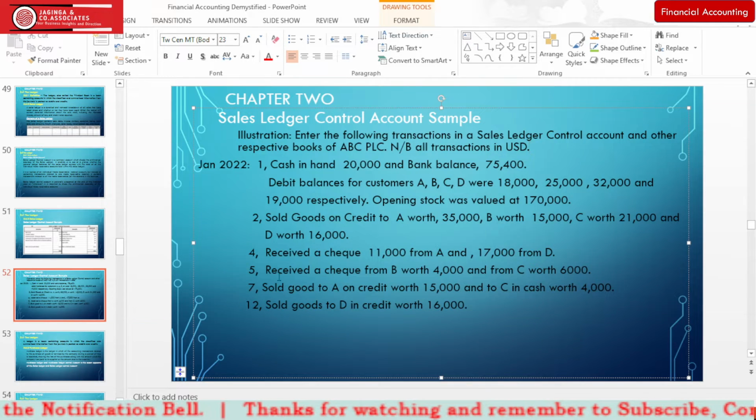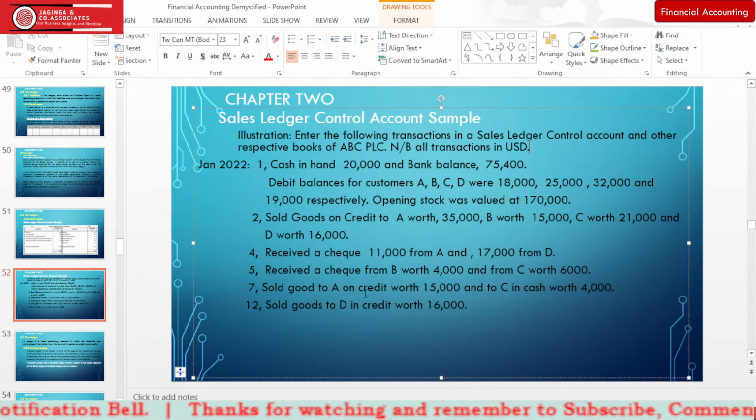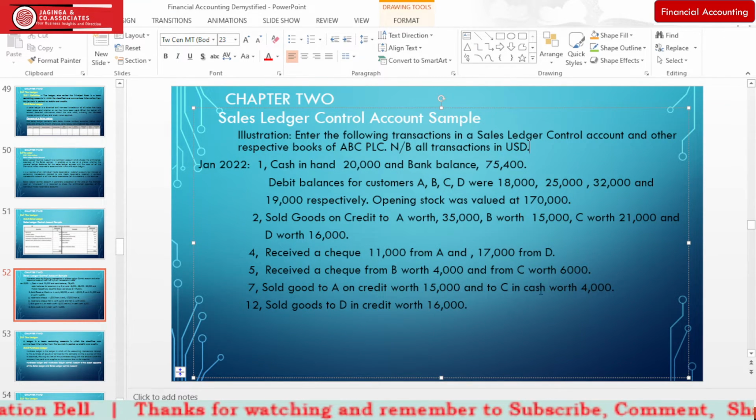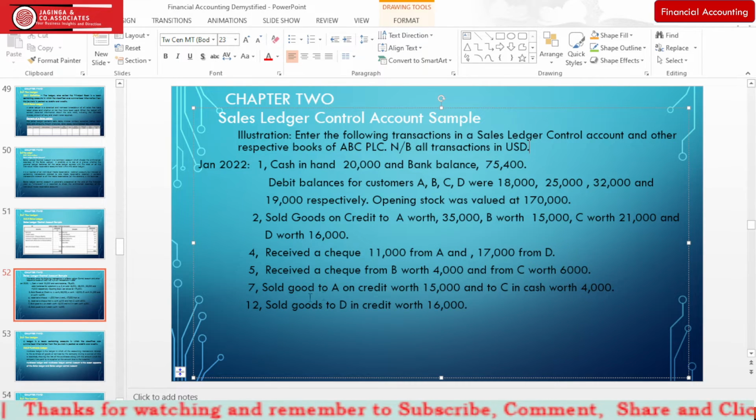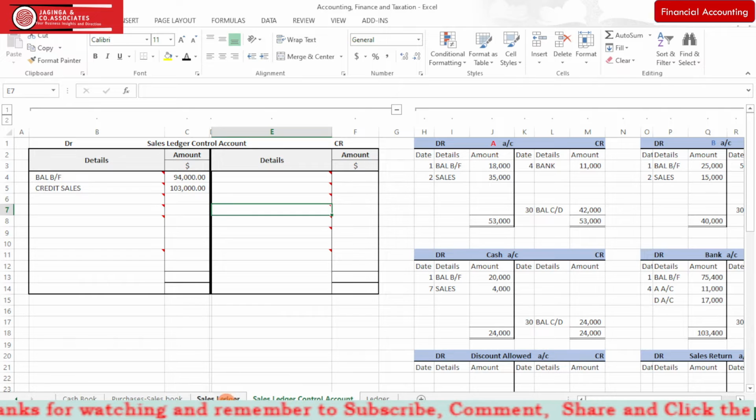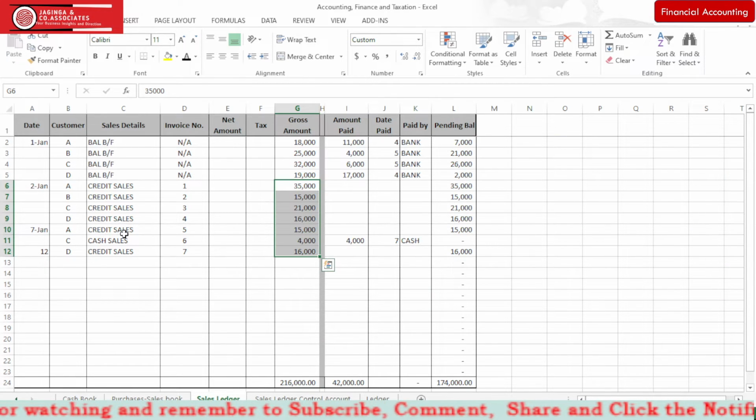Is it A or B? So goods sold to A were 50,000 and 4,000 in cash. So goods sold to A was 50,000.